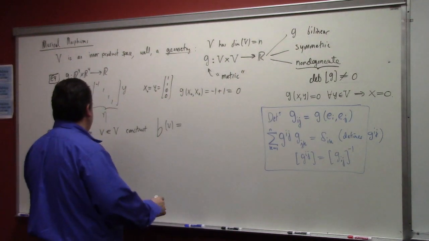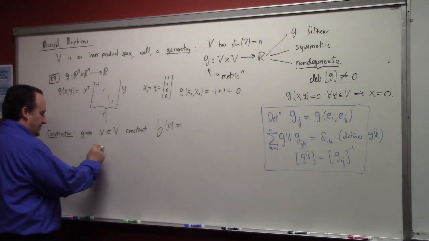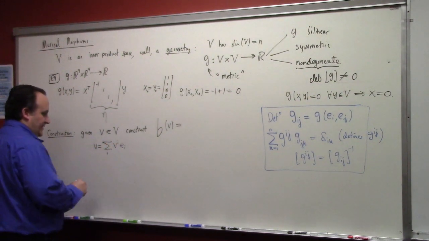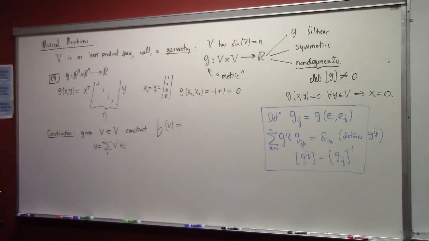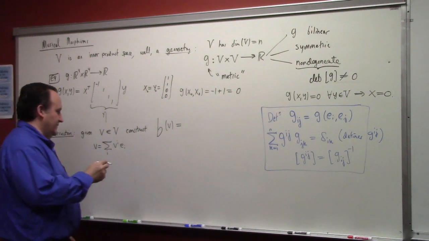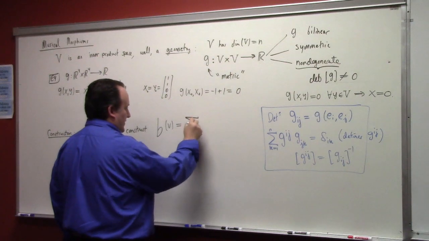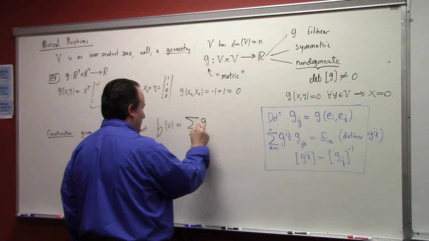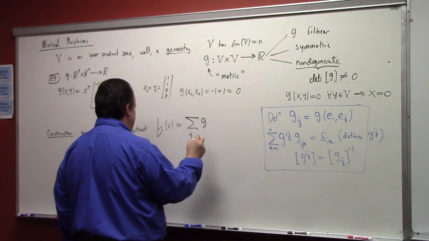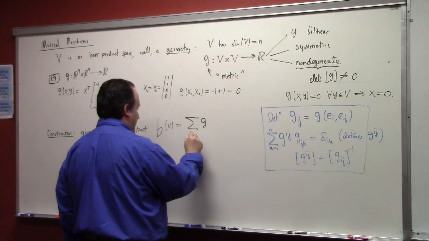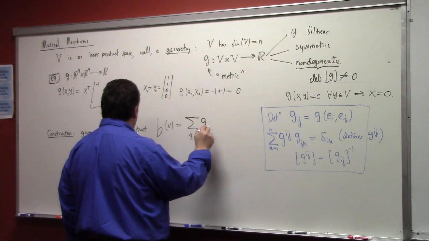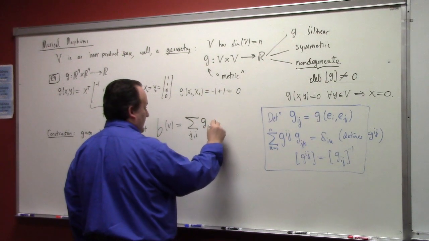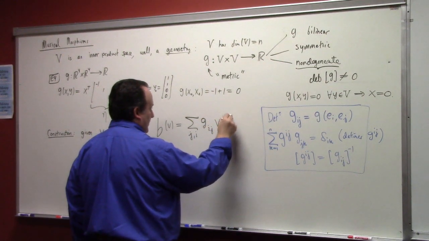All right. So remember, v is equal to the sum over i of v upper i, e lower i, by our notational rules, right? So v flat, we do a sum over i and j of g_ij, v upper j, e upper i.